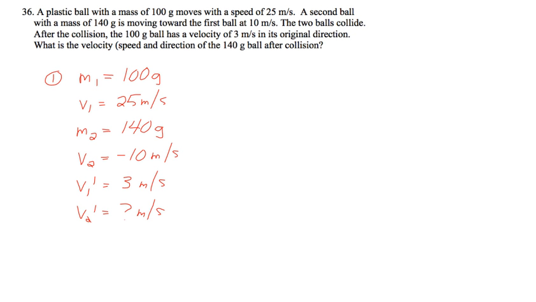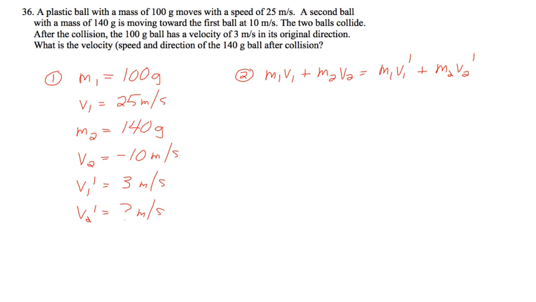Here, if I'm giving you 6 points for the facts, then just writing the equation is only worth 1 point. And the relevant equation is the law of conservation of momentum: m1v1 plus m2v2 equals m1v1 prime plus m2v2 prime. So that's a point. So now we're at 7 points.